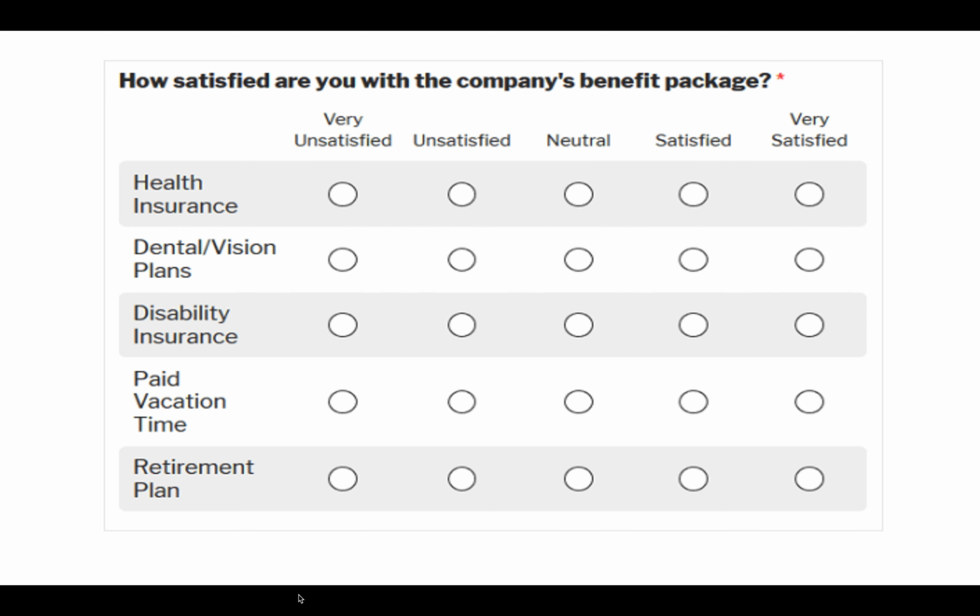So next one is the interval scale, where nearly 90% of the variables used in business, marketing and management are interval scales. So you see here customer satisfaction or the employee satisfaction for a company's benefit package, where a score of 1 indicates that the employee is very unsatisfied and a score of 5 indicates that the employee is highly satisfied.